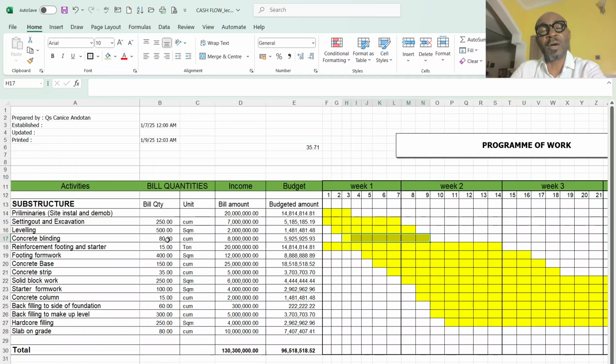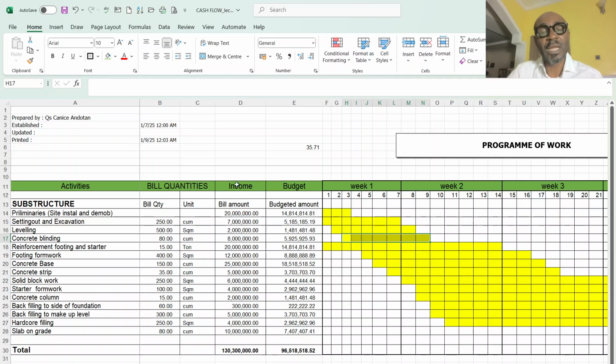So this planning now is just for the purposes of this exercise. Now, having explained how the quantity is used to prepare this planning, this figure is what I'm now going to split.